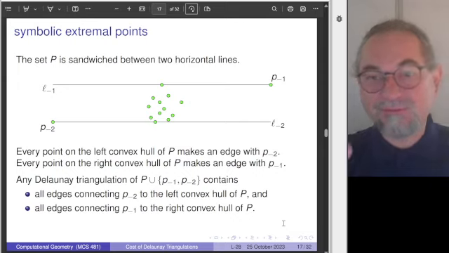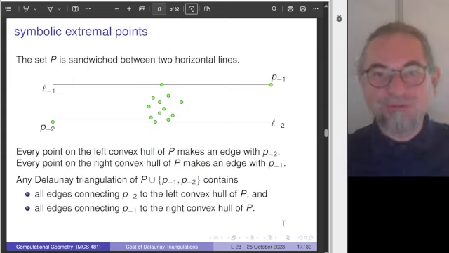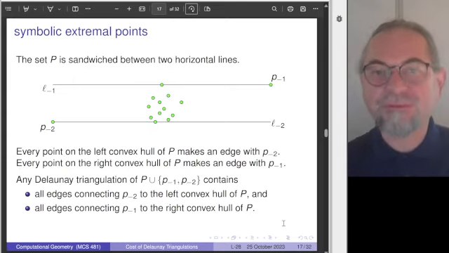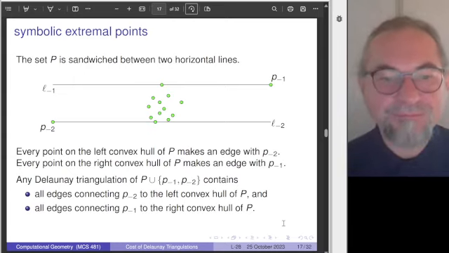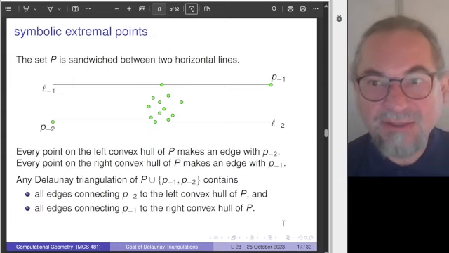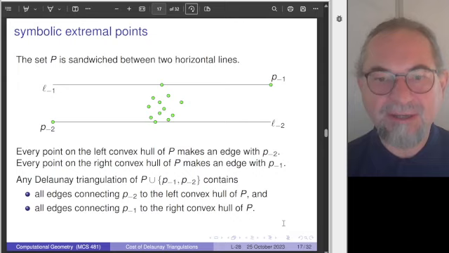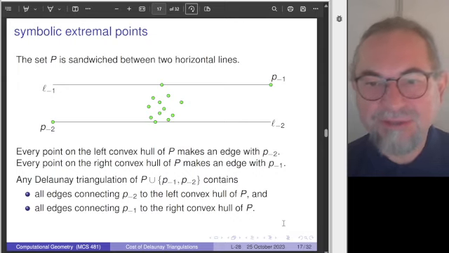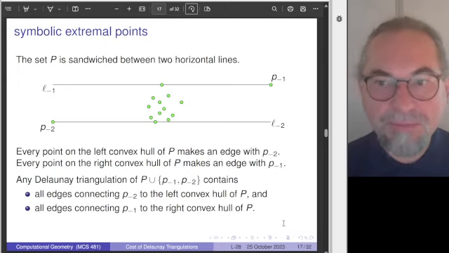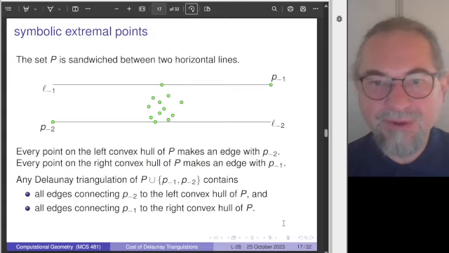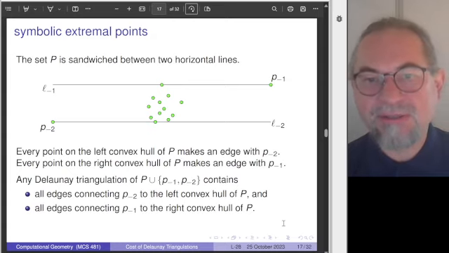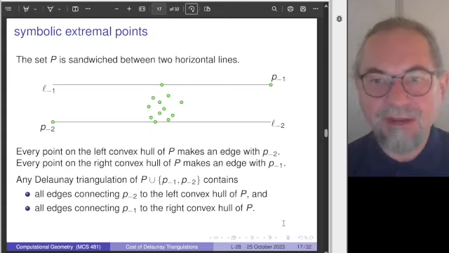If you don't like horizontal sandwiches, you can do vertical sandwiches, but the idea remains the same. Every point at the left makes an edge with p minus 2, and every point on the right makes an edge with p minus 1.